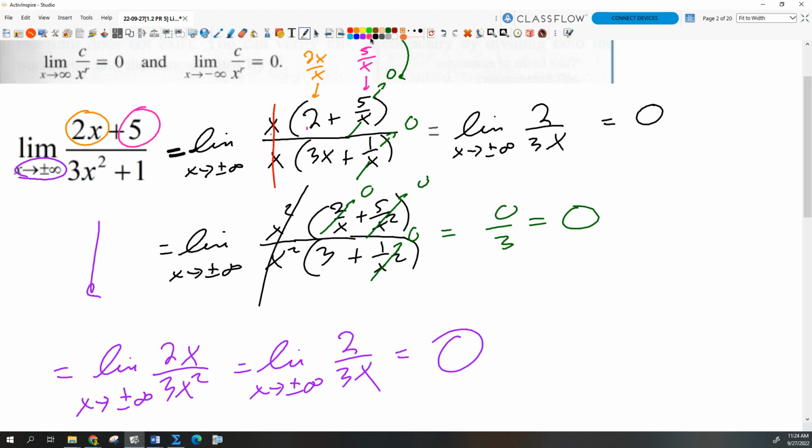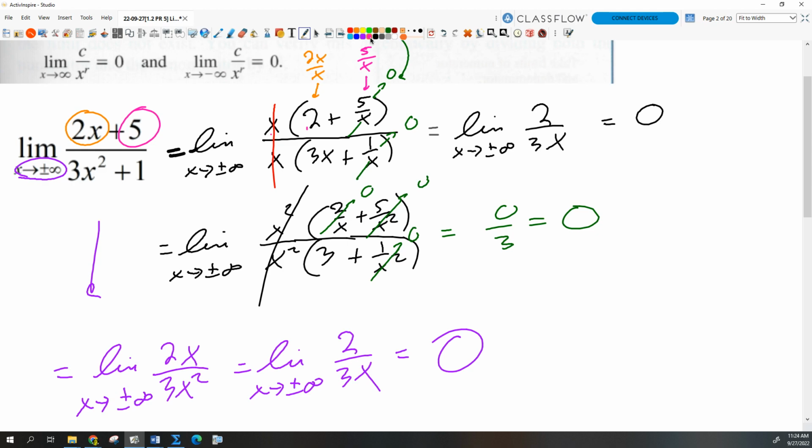Let me ask you this. What's the limit of 2x plus 5 as x approaches infinity? It's infinity, isn't it? It's going to get infinitely big.